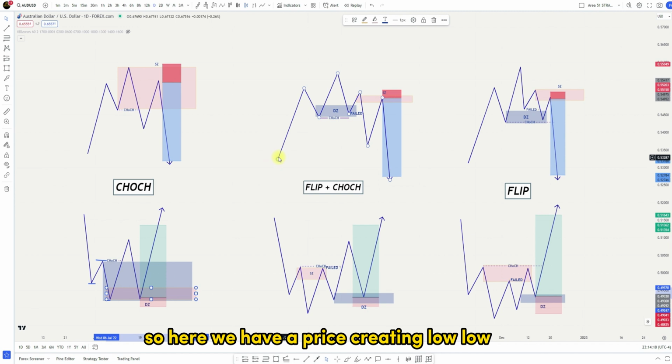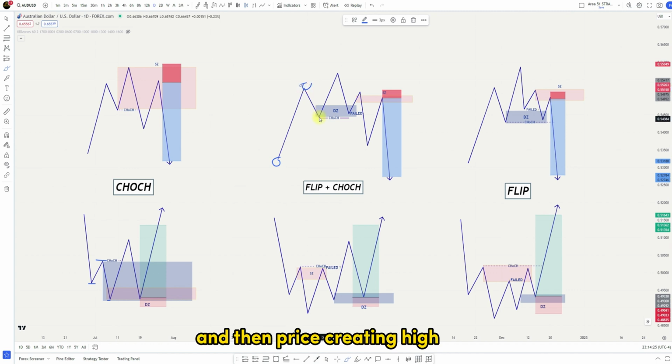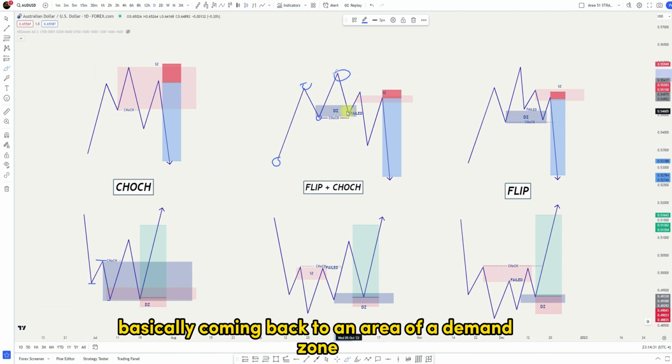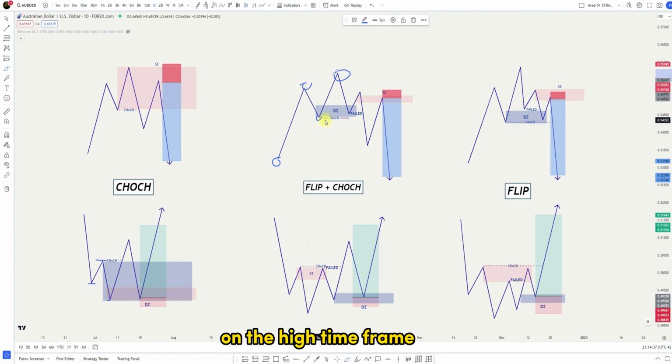So here we have price creating a lower low, then a higher high, then a higher low, and then a higher high, and then price coming back to an area of a demand zone. You can mark this entire area on the higher time frame, or you can refine it to the best order block or demand zone on the lower time frame.